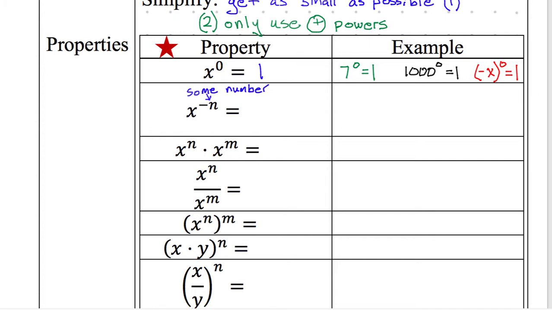The fancy way of saying some number is some constant, if you like to sound nice and proper. So n is a constant. x to the negative n is 1 over x to the positive n.